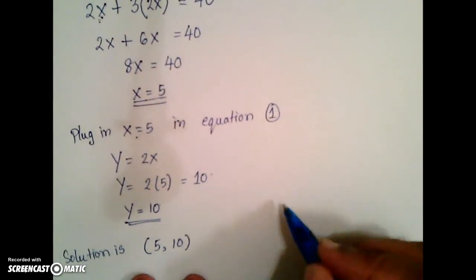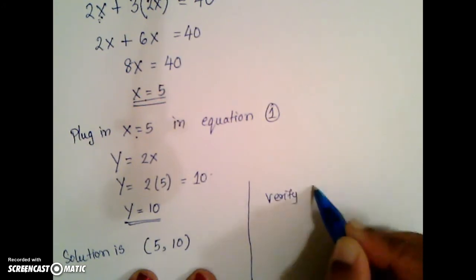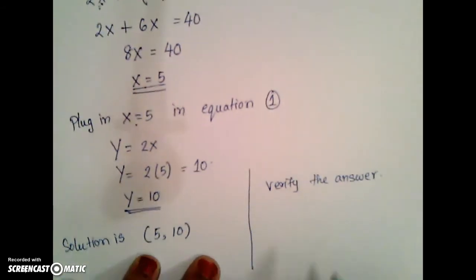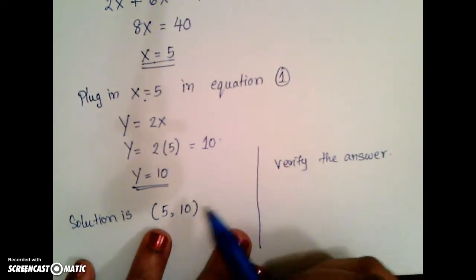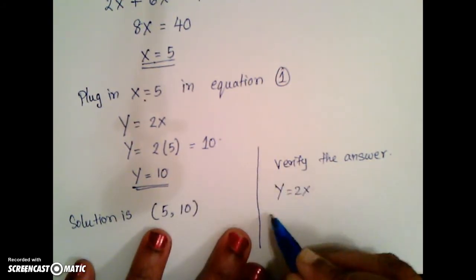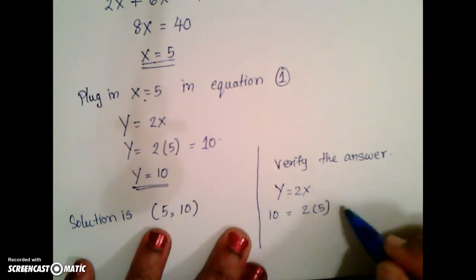Remember to verify your answer. So I need to verify the answer, meaning I need to plug into both equations and check if it works for both. So we just saw y equal to 2x, y is 10, x is 5. It works for both.